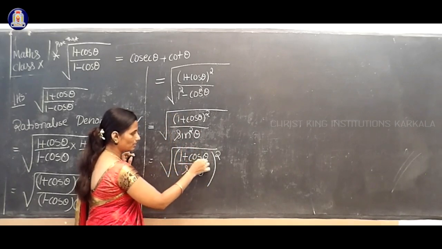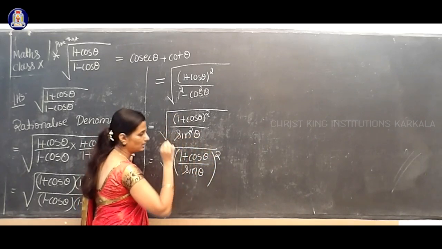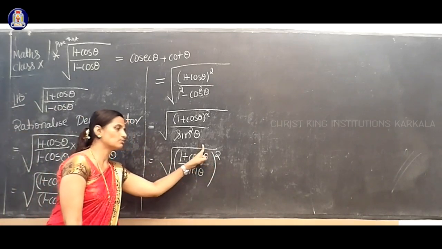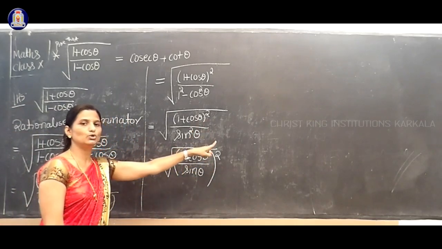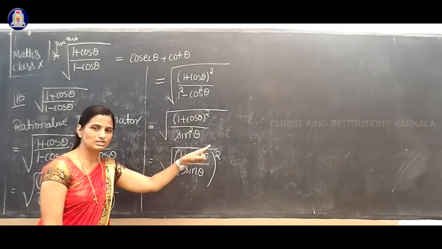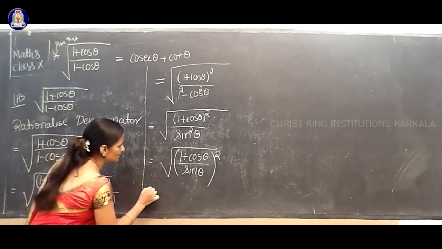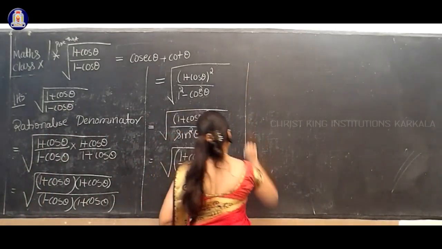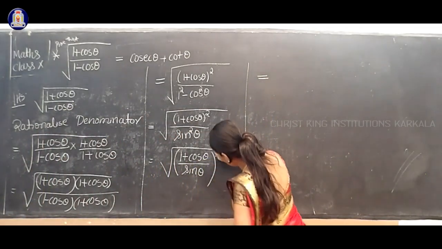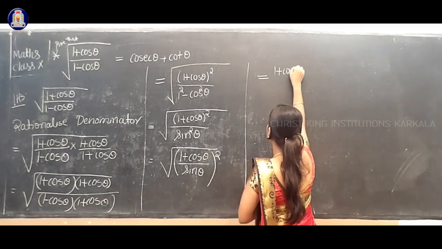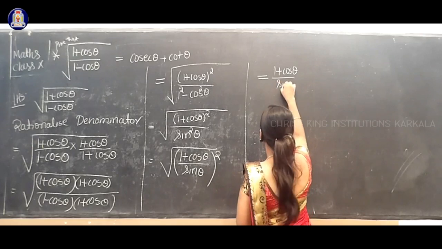Using that formula, we write 1 plus cos theta divided by sin theta whole square. After this, the square and square root cancel, that means using square root of a square is equal to a. There are a square and a square root symbol, so we cancel them. What is there? It is 1 plus cos theta divided by sin theta.